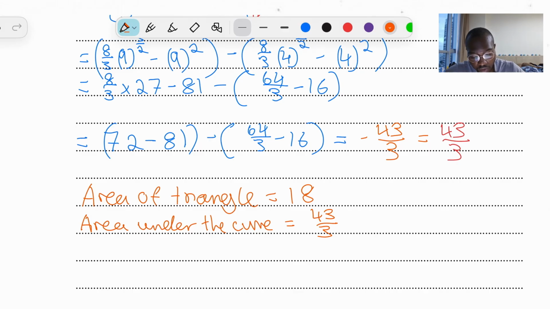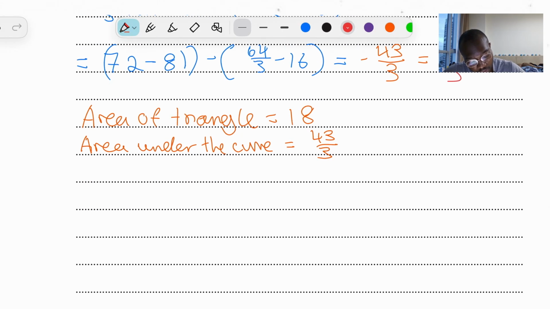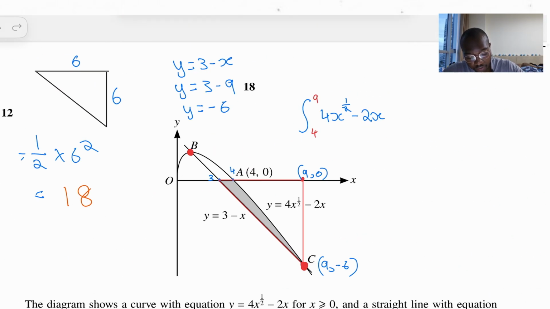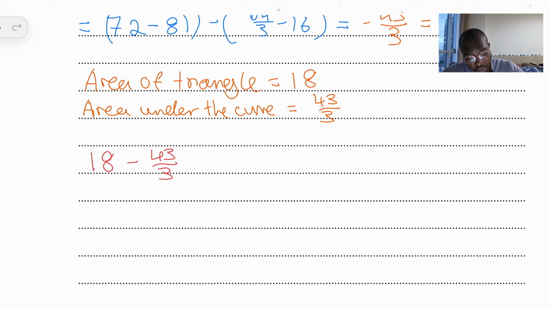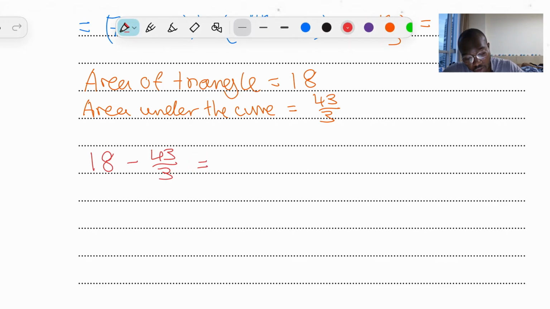Well, therefore, all we need to do is one last thing. It would just be 18 minus 43 over 3, because as we can see, it's going to be the area of the triangle minus the area under the curve, and that gives us this bit here. So 18 minus 43 over 3, put that into your calculator, and you get the grand total of 11 over 3, okay?